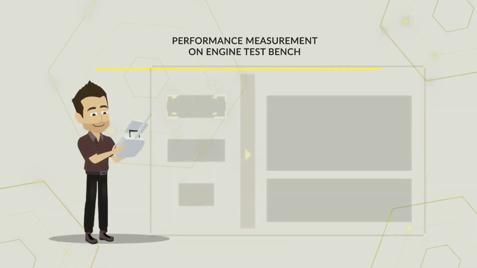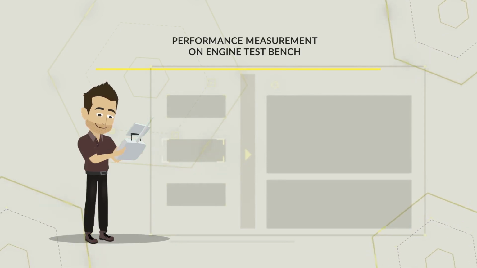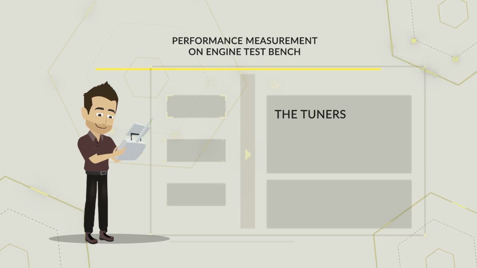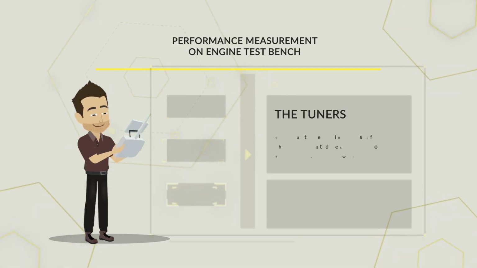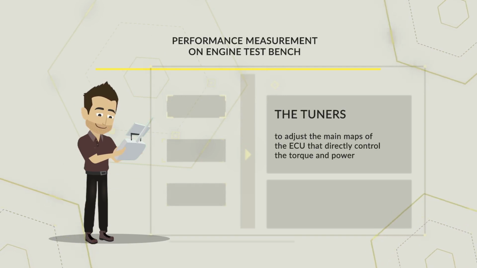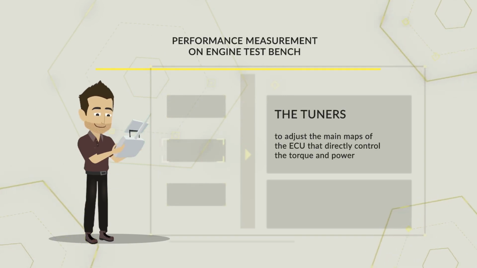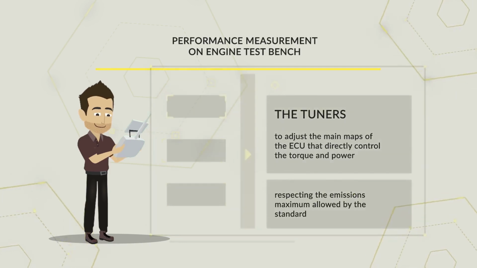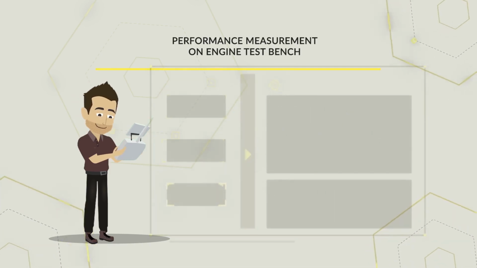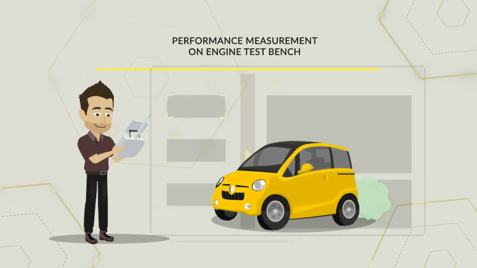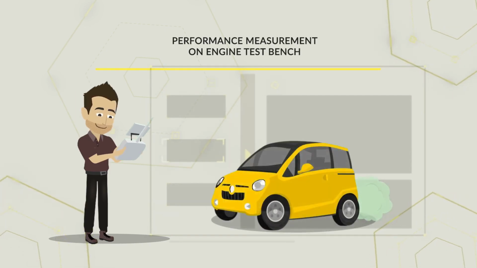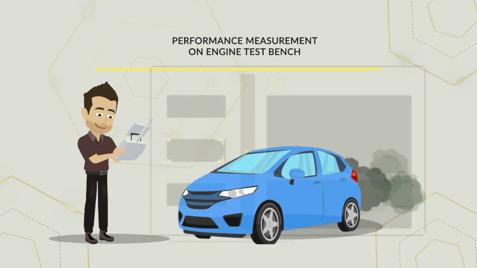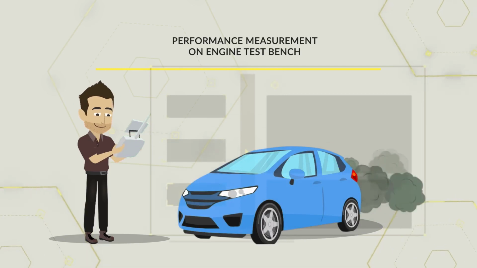Considering that the accelerator controls the throttle valve more or less directly, individually varying revolutions and load, tuners who calibrate the maps of the original file will have to be able to adjust the main maps of the ECU that directly control the torque and power, respecting the emissions maximum allowed by the standard. Through an adequate calibration, for example, the engine manufacturer can create lower power versions based on the sales strategies associated with the vehicles in which it is installed. Conversely, a racing team can achieve calibrations that allow the engine to work as close as possible to maximum performance.